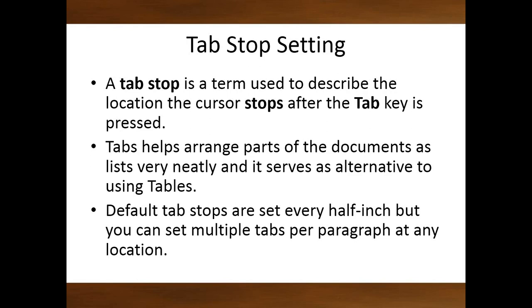Now, where the cursor stopped is what we refer to as the tab stop. So we say a tab stop is a term used to describe the location the cursor stops after the tab key is pressed.